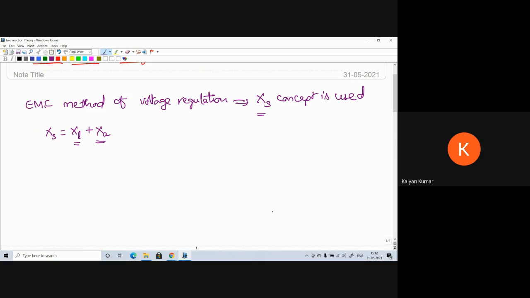So here, the armature reaction effect has been considered by using a single reactance XA.